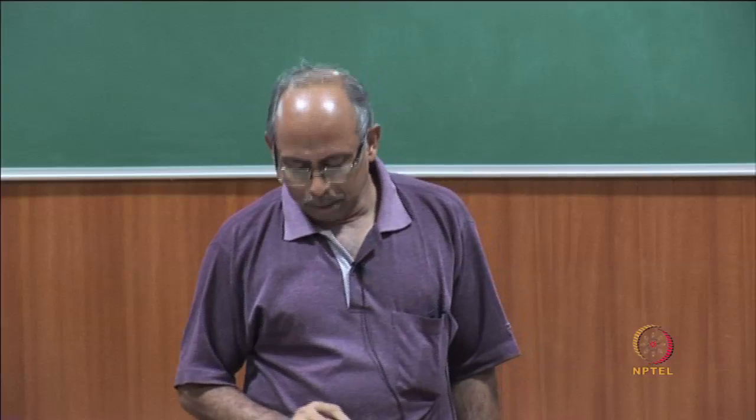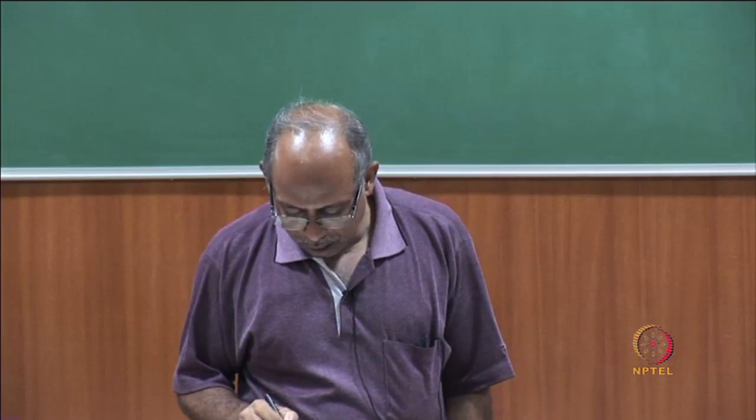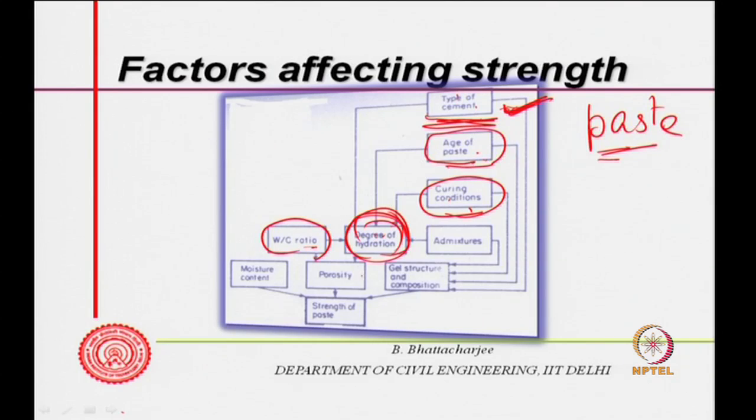As I mentioned, the degree of hydration and water cement ratio actually control porosity, right. Now, admixtures, type of cement and all this actually control the gel structure and composition. I would like to add here the pore sizes also. It is not only the porosity, but the pore sizes, overall pore structure, the gel structure, everything is governed by this.